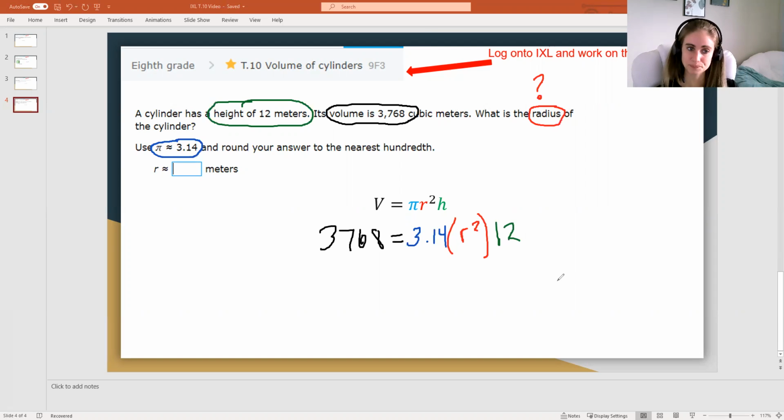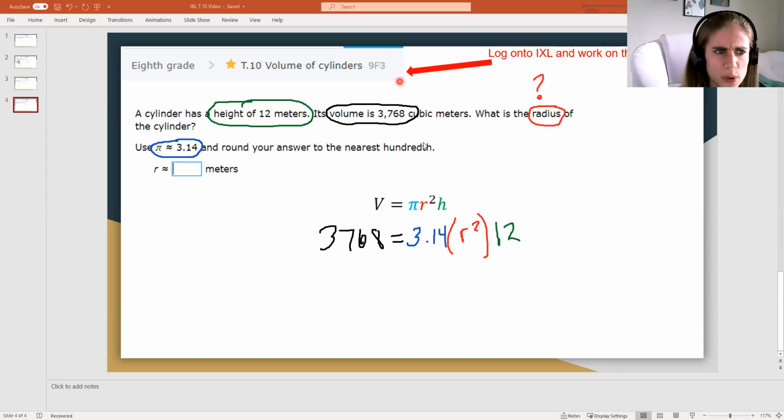All right, now this one does look a little bit more different. There are two different ways that you could do this. One way is if you remember the property of multiplication, when all you have is multiplication, we have multiplication here, multiplication here. You're allowed to multiply in any order. So your first step could be to multiply 3.14 times 12.